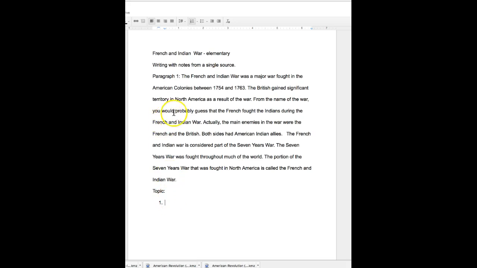So let's do our number one here. We'll look at this sentence. The French and Indian War was a major war fought in the American colonies between 1754 and 1763. So the thing is, we want to take just a short note, 3 or 4 words.